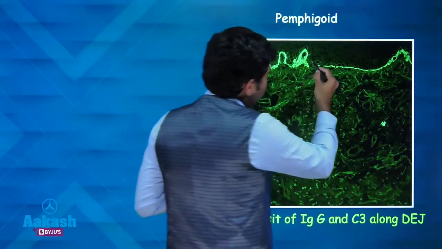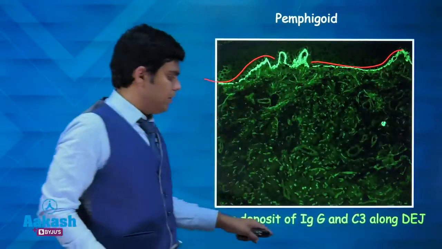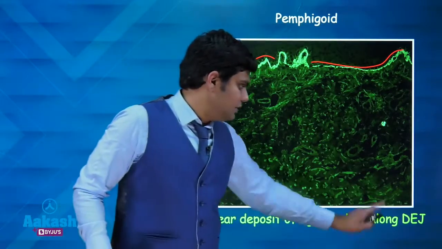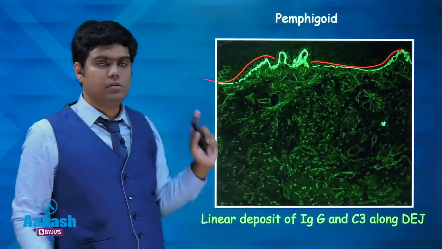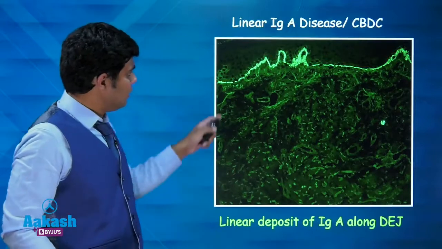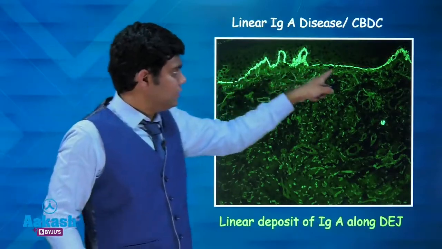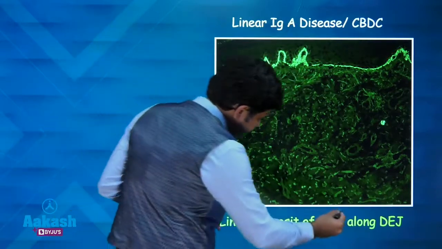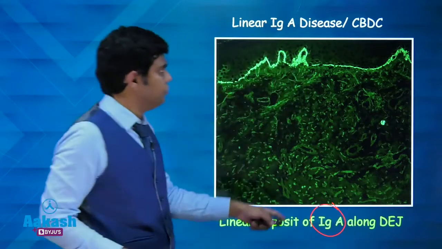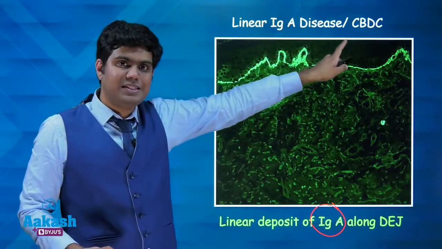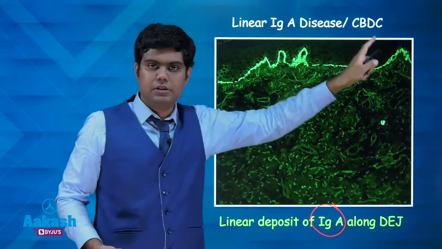So this is the dermoepidermal junction, friends, and we will get deposits of IgG and C3. So this is pemphigoid, bullous pemphigoid. Similarly, a similar pattern is seen, but you get IgA instead of IgG. Then you should think of linear IgA disease or CBDC.